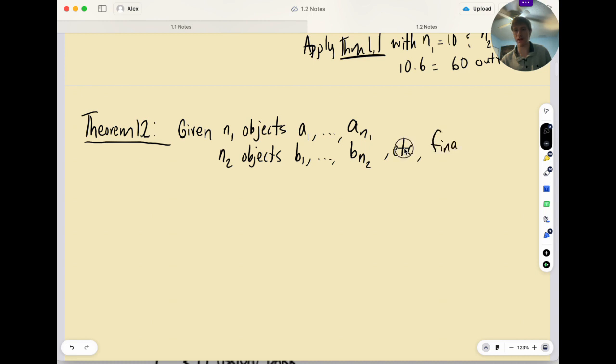Until finally, maybe our last one is going to be like nr objects, maybe x1 all the way to x sub n sub r.